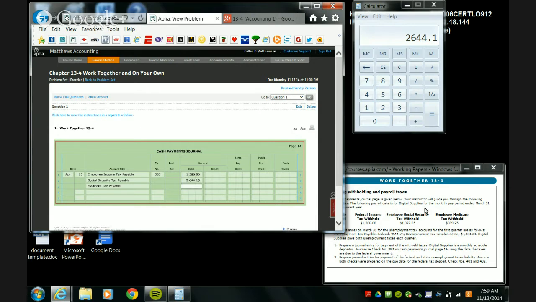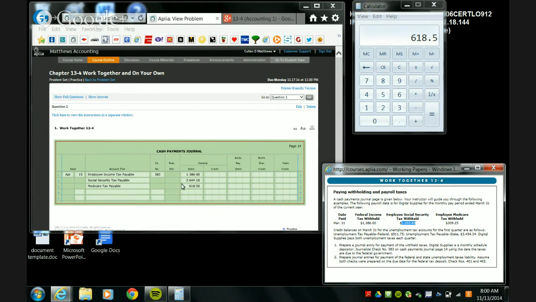Okay, now we're going to do the same thing here for employee Medicare tax withheld. $309.25, multiply that by 2, and so we get $618.50. Once again, the reason that we do that is because we have withheld this from their paychecks over these 3 months. But as their employer, we also are on the hook for that same amount. Whatever they put in to Social Security, we have to match, and same with Medicare.